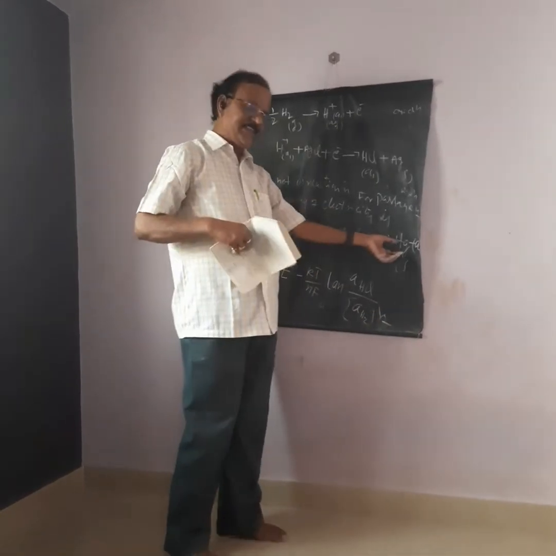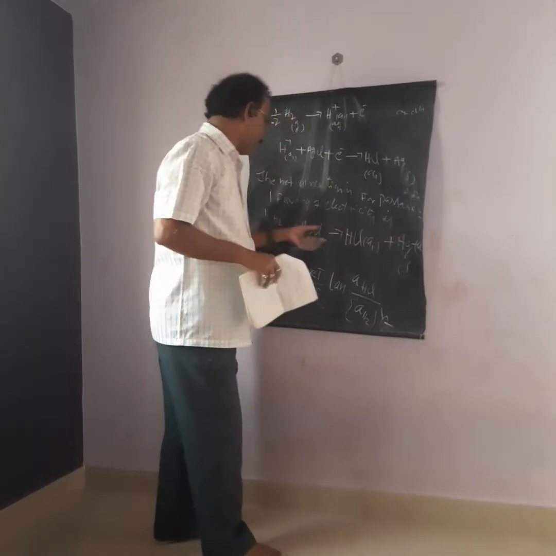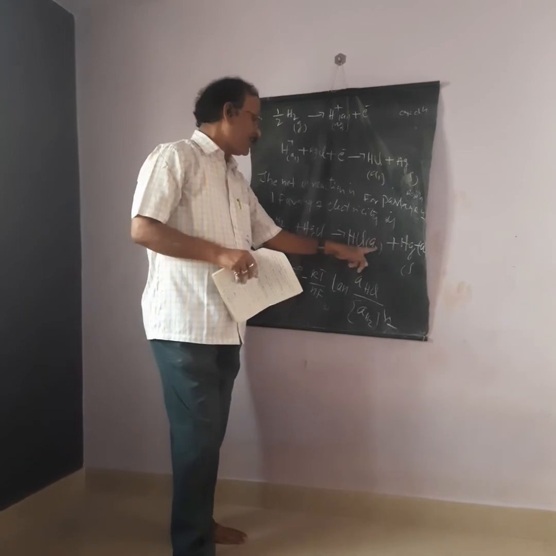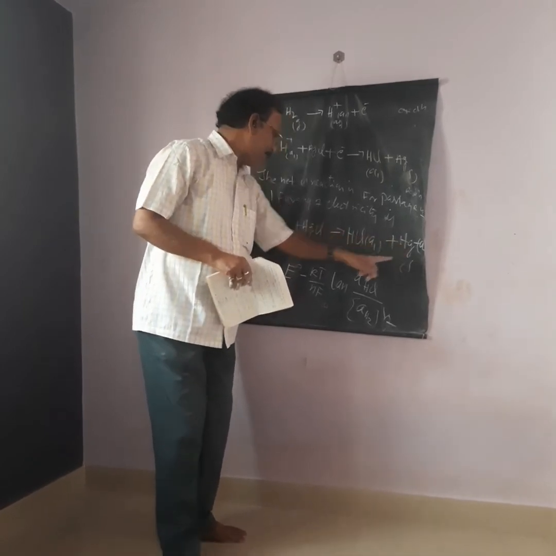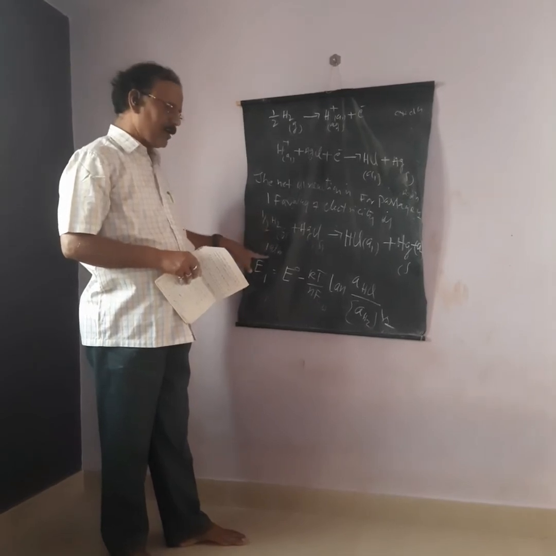And in electrochemistry, the activities of solids are taken as 1. So it is the activity of HCl into the activity of Ag divided by the activity of AgCl into the activity of H2 gas at 1 atmosphere.